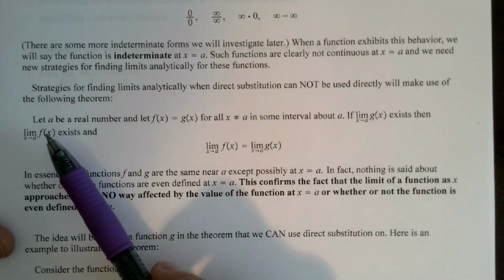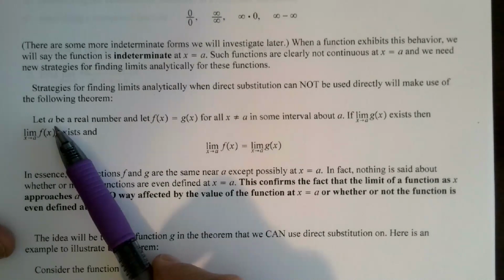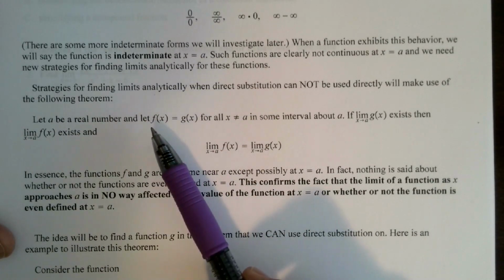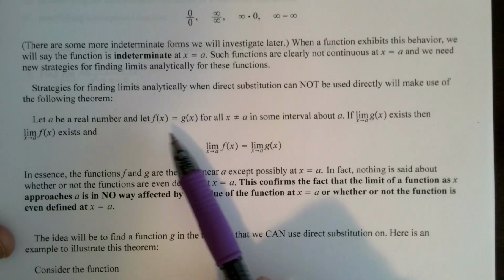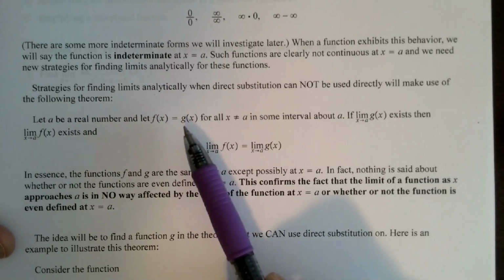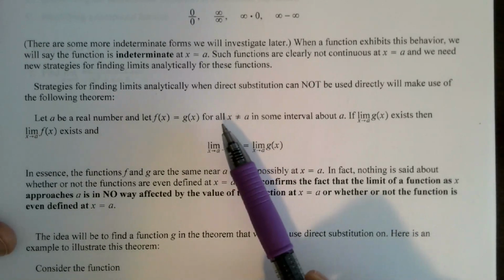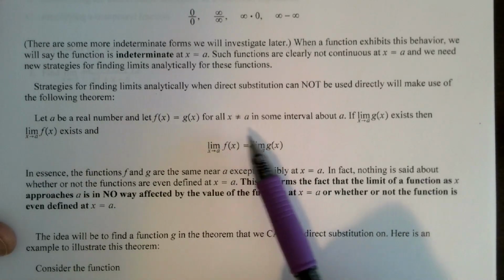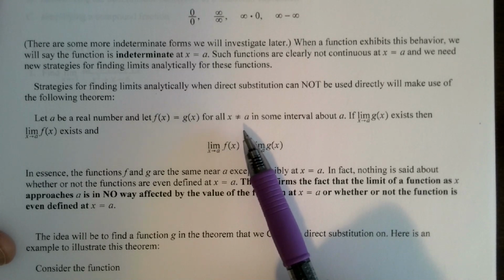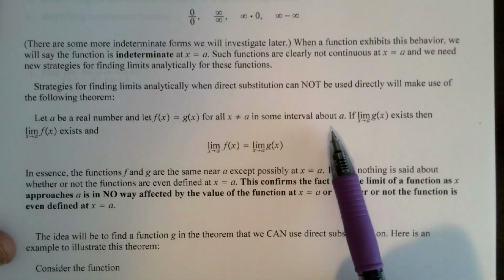This theorem says that if we have a real number a, and we have two functions, f and g, that are equal to each other, in other words, their outputs are equal for all values of x not equal to a in some interval about a.